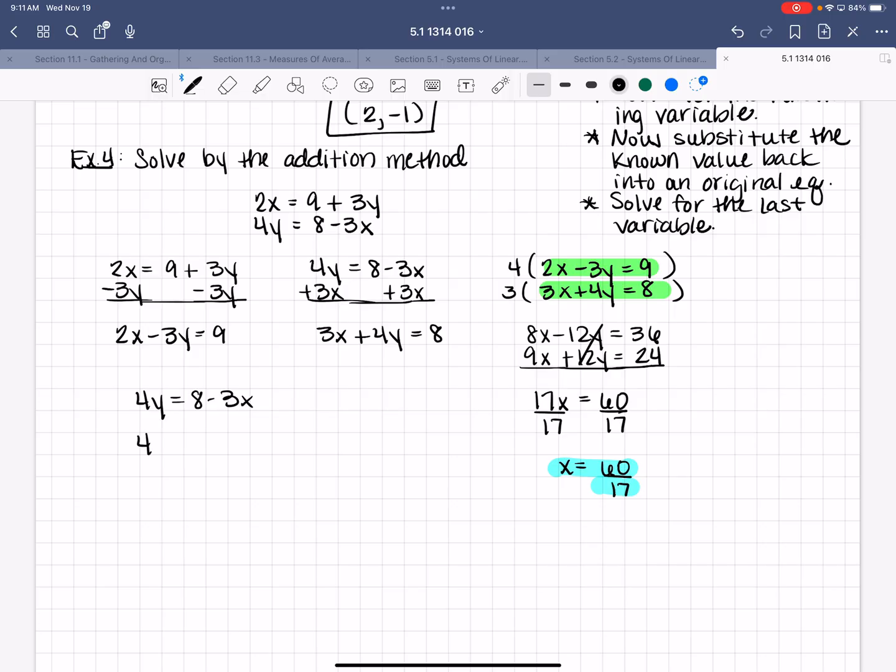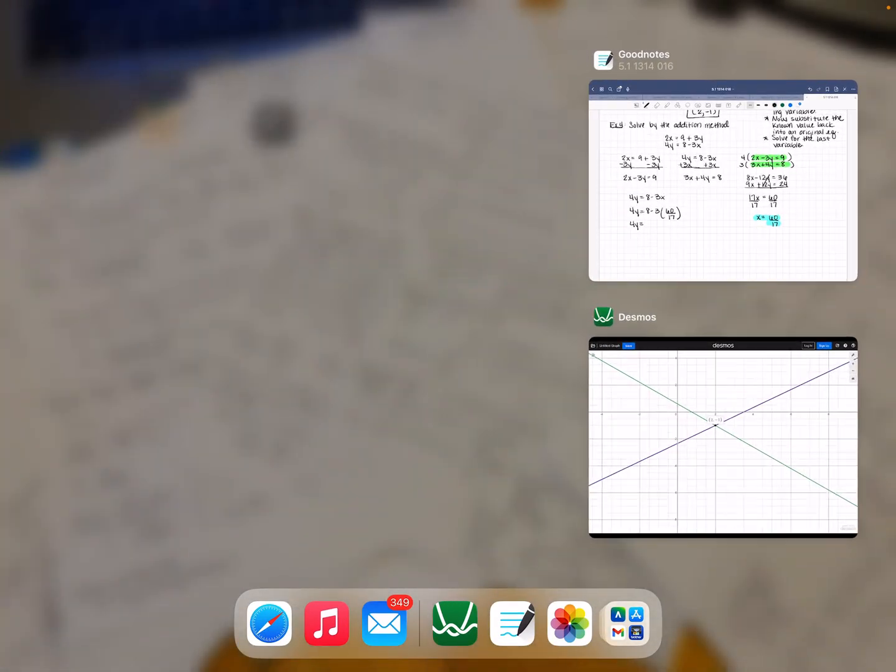That gives me 4y equals 8 minus 3 times 60 over 17.